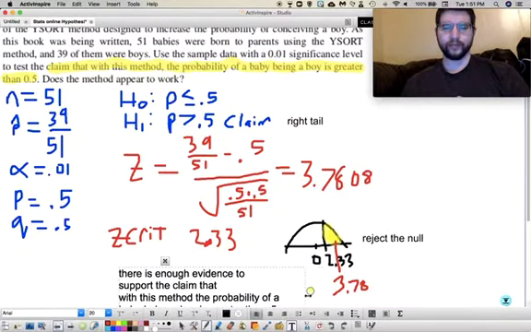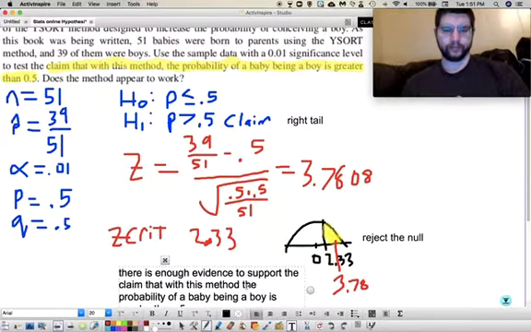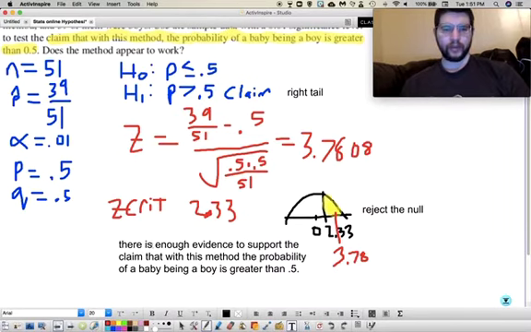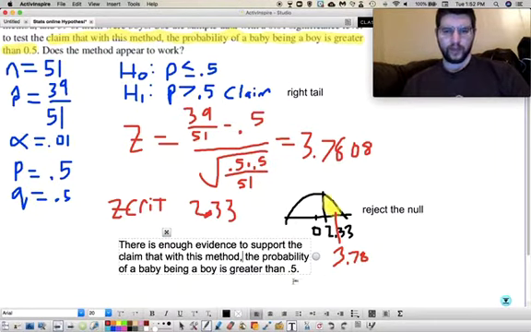Boy, not buoy. There is enough evidence to support the claim that with this method, the probability of a baby being a boy is greater than 0.5. And I can stick a 0 in there because it does. And we just did that hypothesis test.